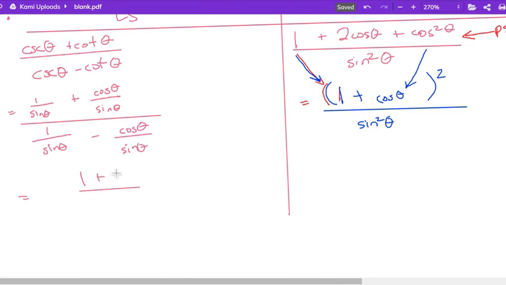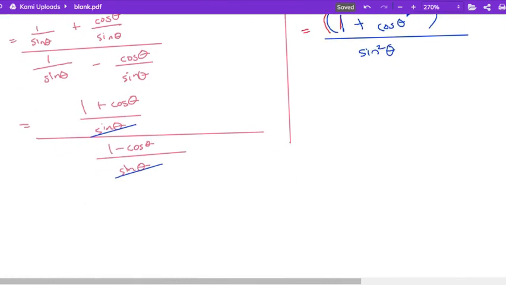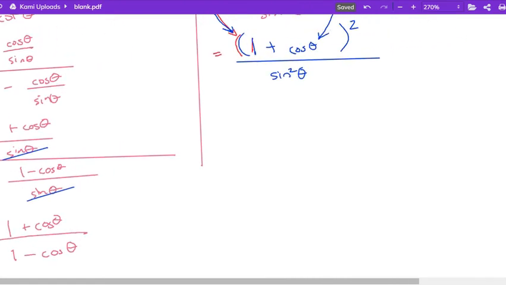So I've got 1 plus cos theta over sine, all over 1 minus cos theta over sine theta. We can cancel out the sines, and we get 1 plus cos theta over 1 minus cos theta. I can't do more.